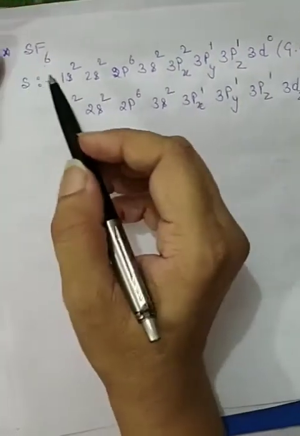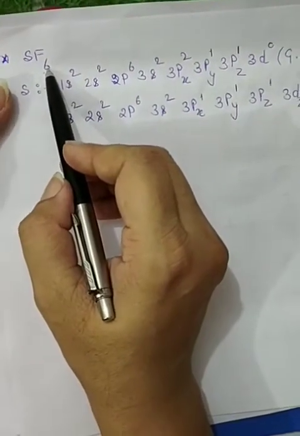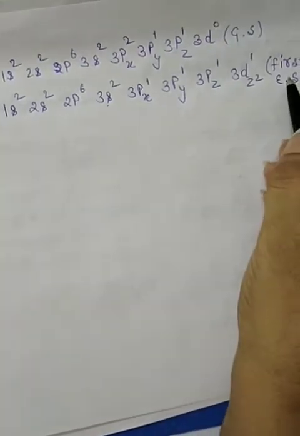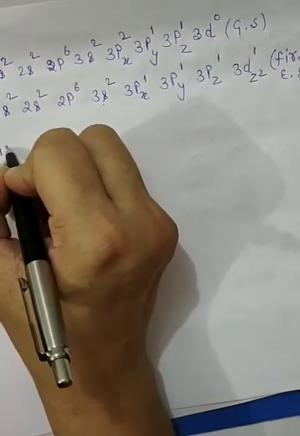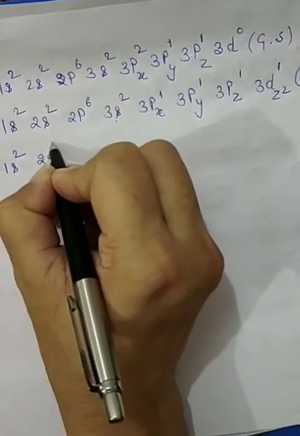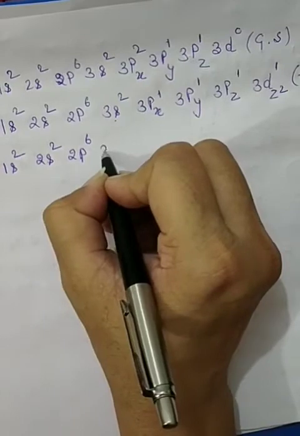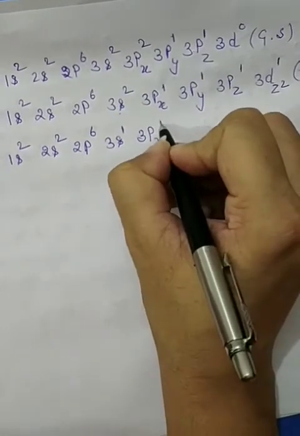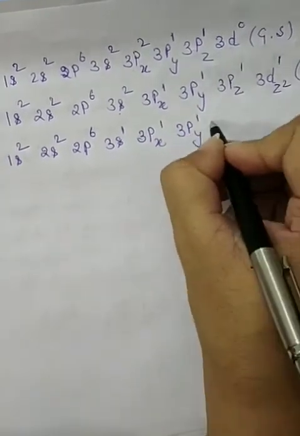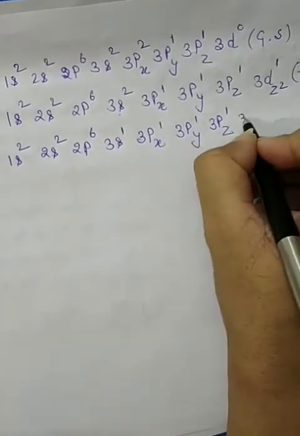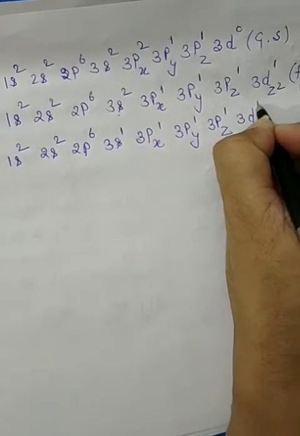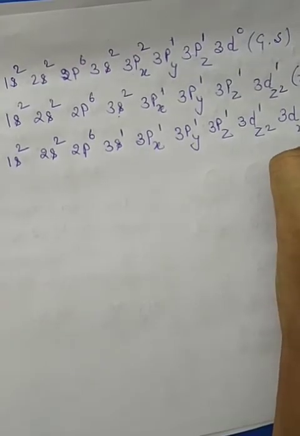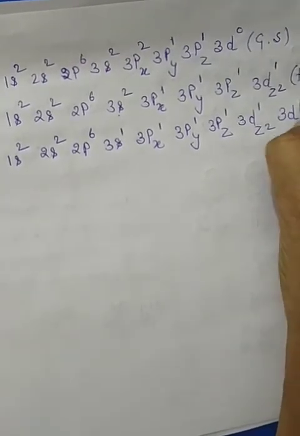Still we require 6 half-filled atomic orbitals. So similarly one electron from 3s is excited to another d orbital, giving 1s2, 2s2, 2p6, 3s1, 3px1, 3py1, 3pz1, and the d orbitals used here are one 3dz square and another one dx square minus y square.